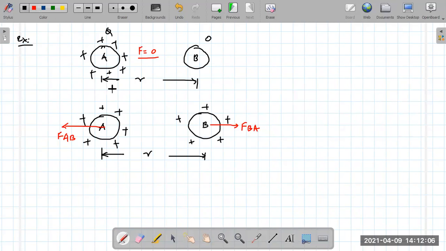That means if the new charges are Q1 and Q2, what are Q1 and Q2 so that F is maximum? Did you get the point?